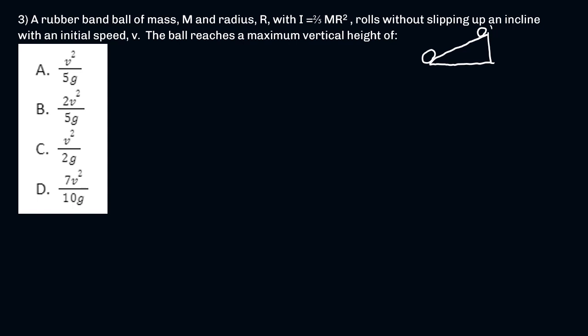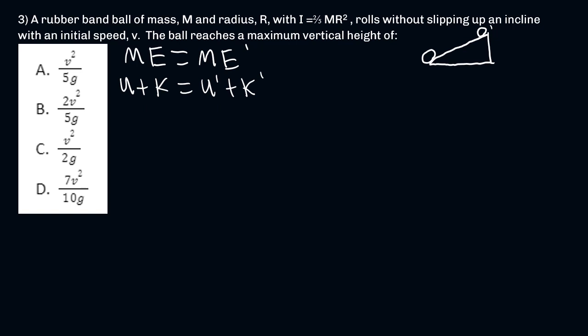So here, we know that conservation of energy is mechanical energy initial, so ME, is equal to mechanical energy final. And the equation for that is going to be potential energy initial plus kinetic energy initial is equal to potential energy final plus kinetic energy final.